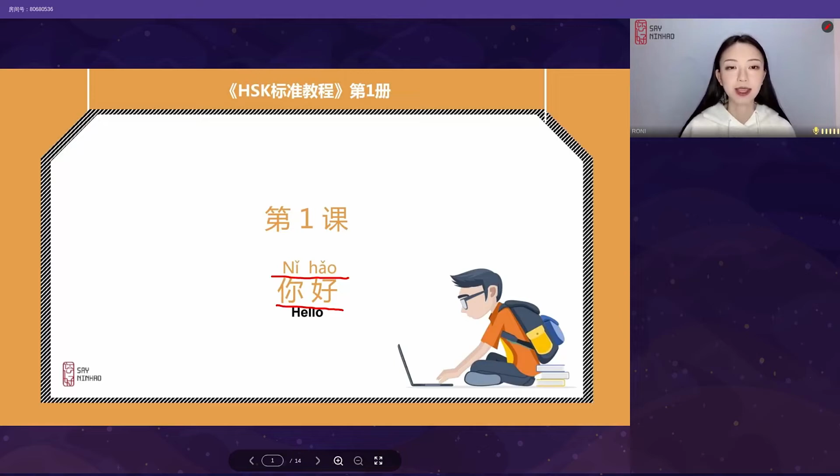Simply speaking, pinyin is the pronunciation of Chinese characters. And why should we use that? Why can't we just get the pronunciation from the characters themselves, just like English? Because Chinese is not a phonetic language like English or French. Chinese is an ideographic language. For example, when I give you any strange, unfamiliar words in English, even though you don't know the meaning of it, you can still read it because you've learned the alphabet of this language.